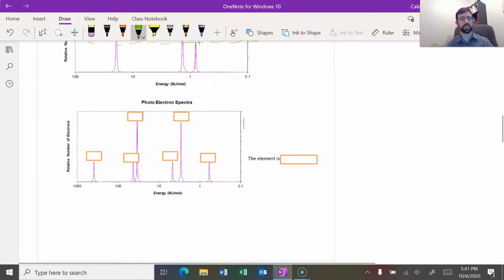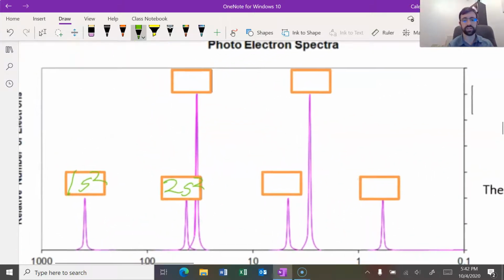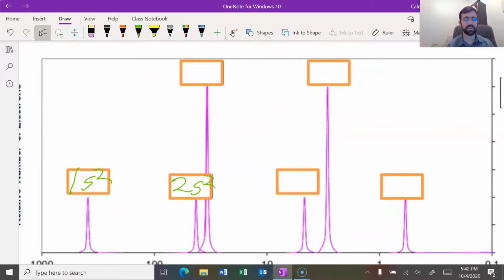Let's look at the next one. This one's a little easier. Go ahead and pause the video and check your understanding. All right, our first peak, the closest here, is 1s, and there are 2 electrons. The second peak, 2s with 2 electrons. I'm going to zoom in because I'm not writing very clearly.